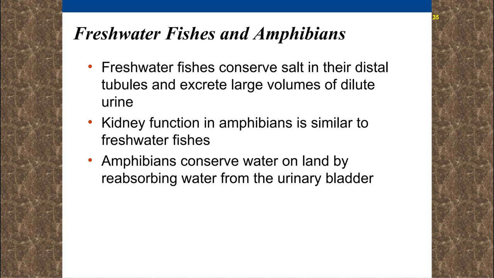And the freshwater fishes and amphibians do conserve salt in their distal tubule and excrete a large volume of very dilute urine, which contains a very low concentration of sodium chloride. Kidney function in amphibians is similar to that of the freshwater fishes, which do this process by the gills. And amphibians conserve water on land by reabsorbing water from the urinary bladder.